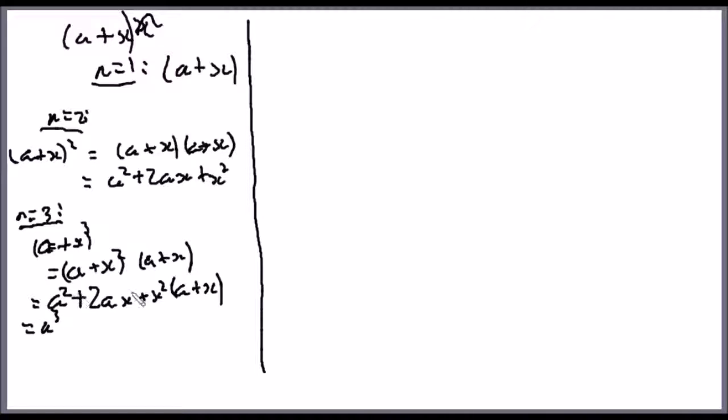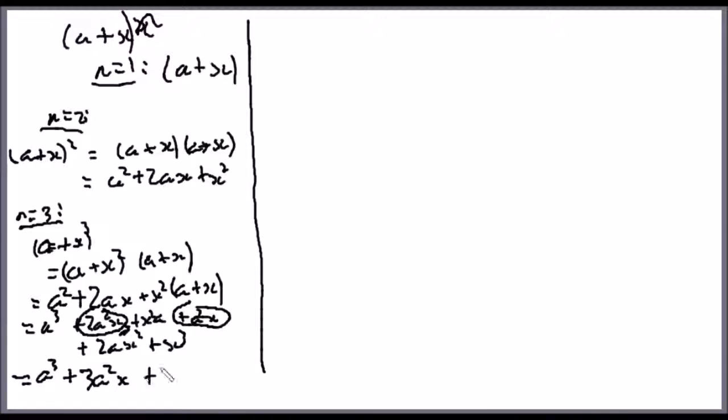That can be a cubed plus 2a squared x plus ax squared, plus a squared x plus 2ax squared plus x cubed, which equals, collecting like terms, a cubed plus 3a squared x plus 3ax squared plus x cubed.